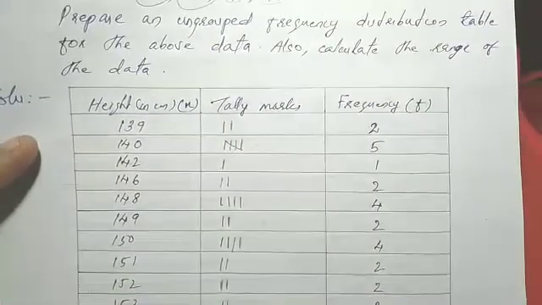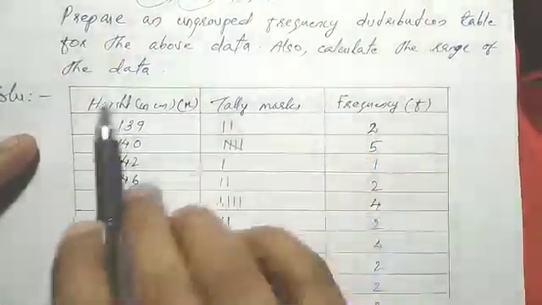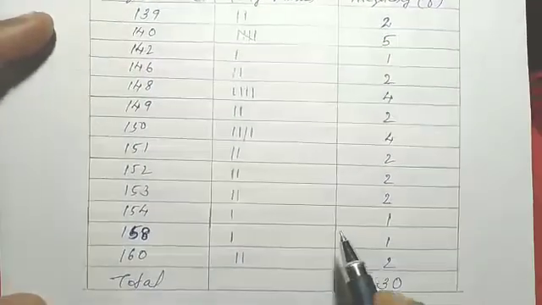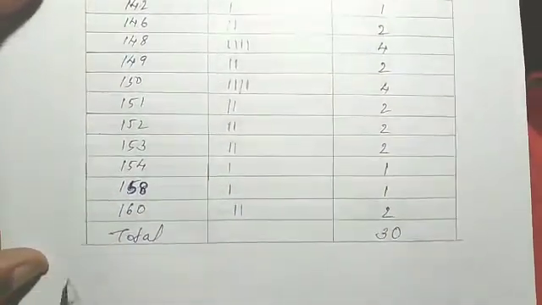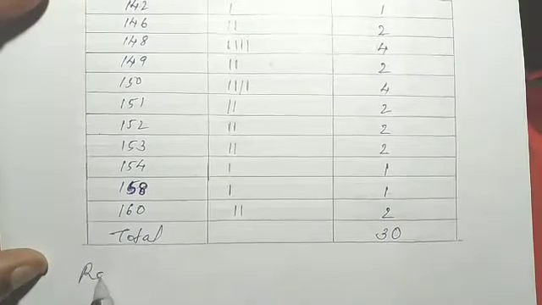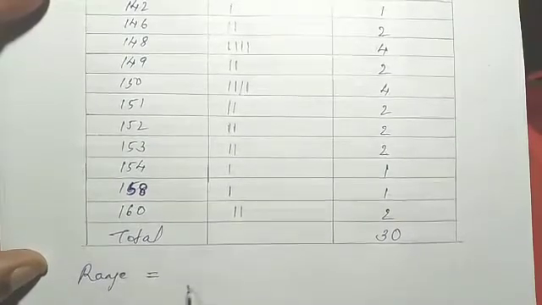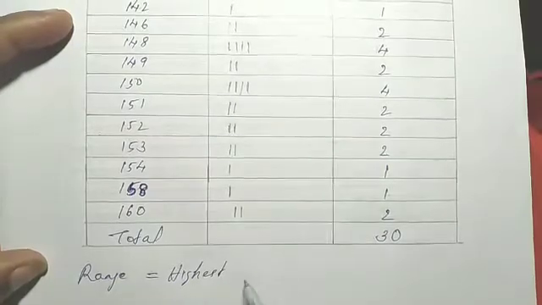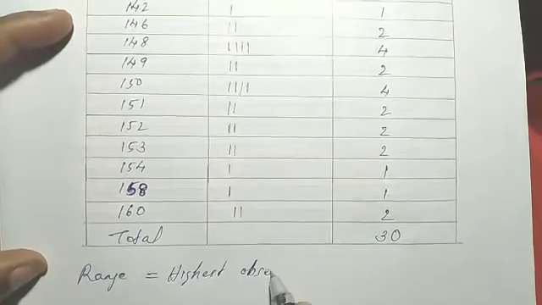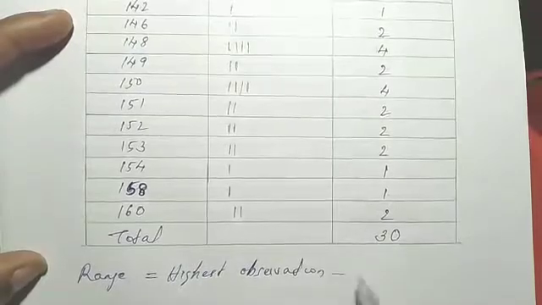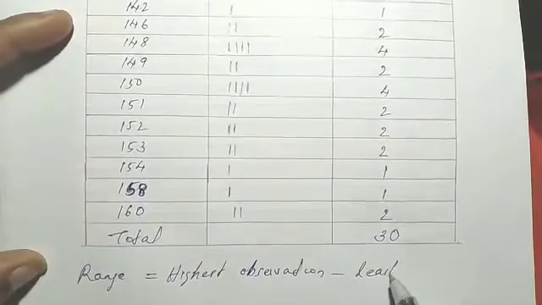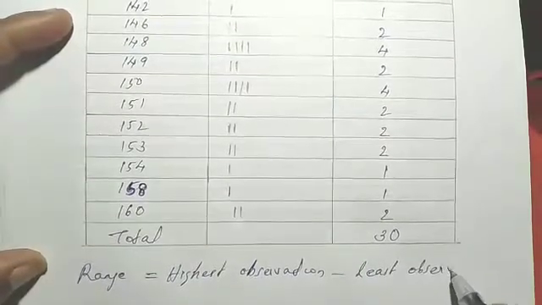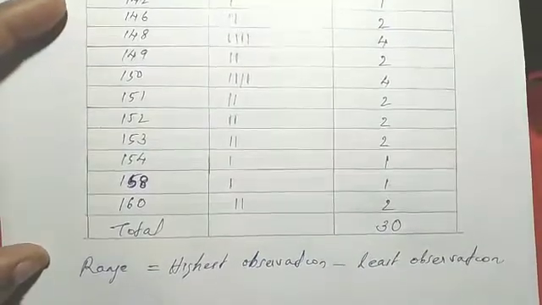Now one more part is there: also calculate the range of the data. Last we have to write: range is equal to, what is the formula? Highest observation minus least observation. What is the highest observation here?